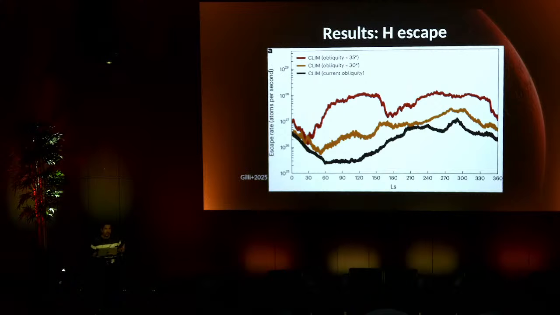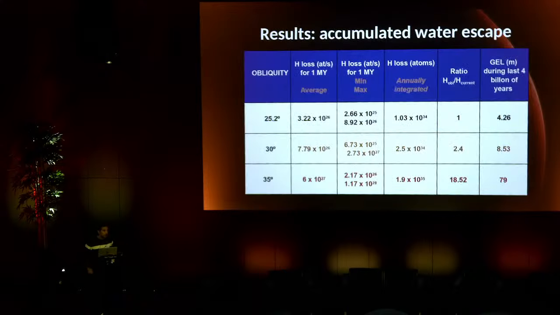So what are the implications of this enhanced escape for the long-term evolution of water in the Amazonian? I'm showing in these tables some numbers comparing the 3 simulations for the 3 different obliquities, including the average value of the hydrogen loss for every simulated Martian year, the minimum and maximum values of the hydrogen loss, and the annually integrated value.